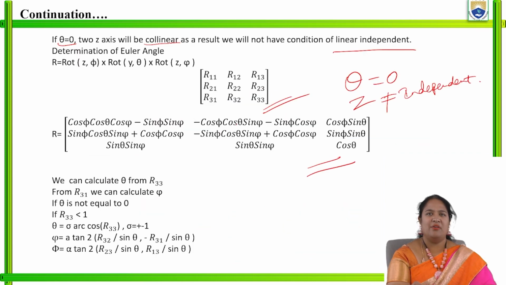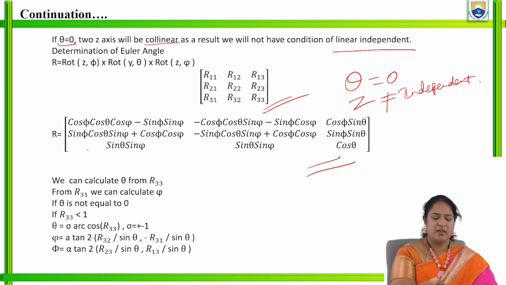Now coming to R12, we get minus cos phi cos theta sin psi minus sin phi cos psi, and R13 will be written as cos phi sin theta.